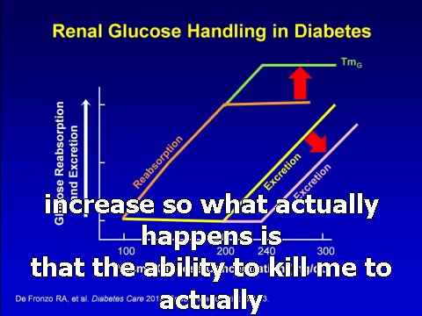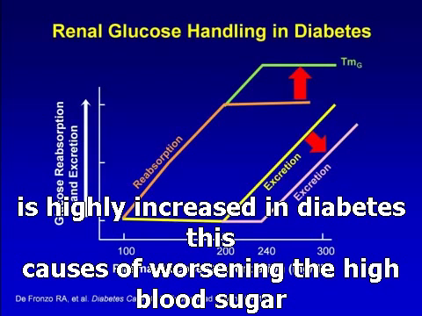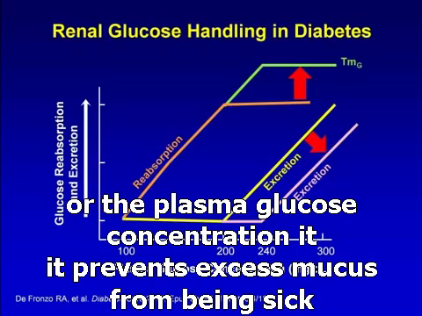The ability of the kidney to retain glucose is largely increased. So the tubular maximum of glucose reabsorption is highly increased in diabetes. This causes a worsening of the high blood sugar, or plasma glucose concentration. It prevents excess glucose from being excreted.